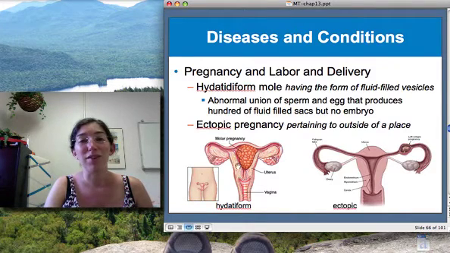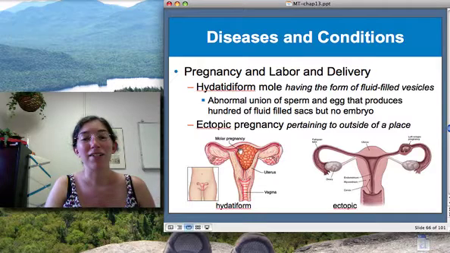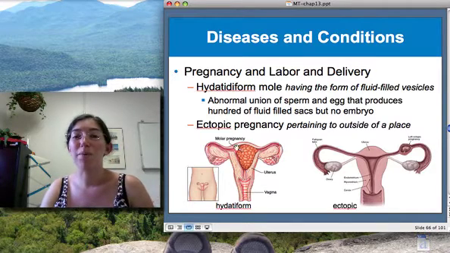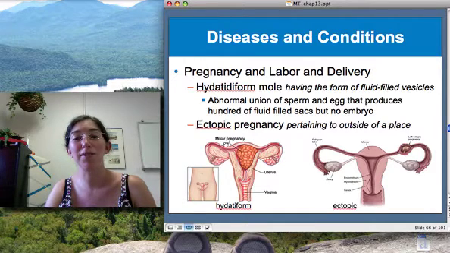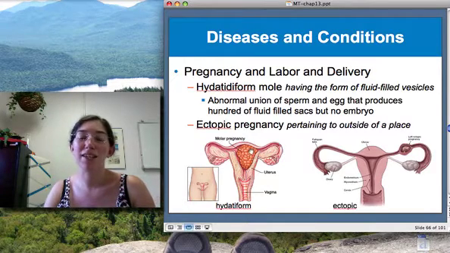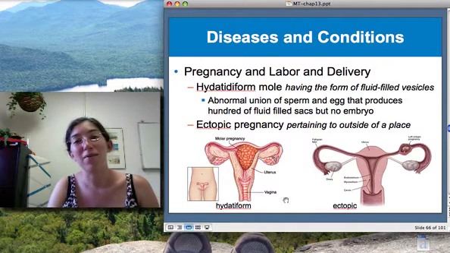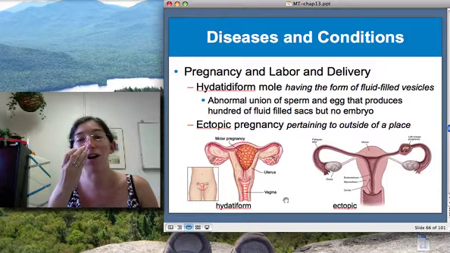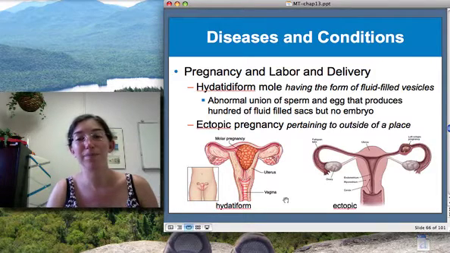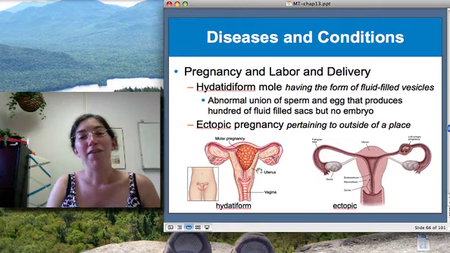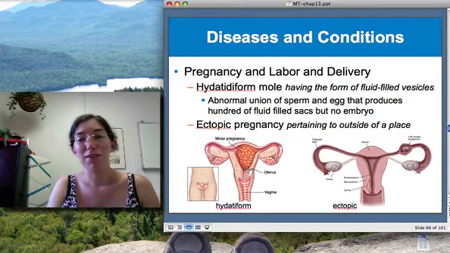But they do still produce human chorionic gonadotropin, and they do still cause you to have a positive pregnancy test. So a lot of times this type of pregnancy, also referred to as a molar pregnancy, because it's called a hydatidiform mole. So a molar pregnancy looks like this. Usually it is not discovered until the first ultrasound, when the doctor is looking for a heartbeat, and there's no heartbeat. And then they realize that it wasn't actually a fetus.